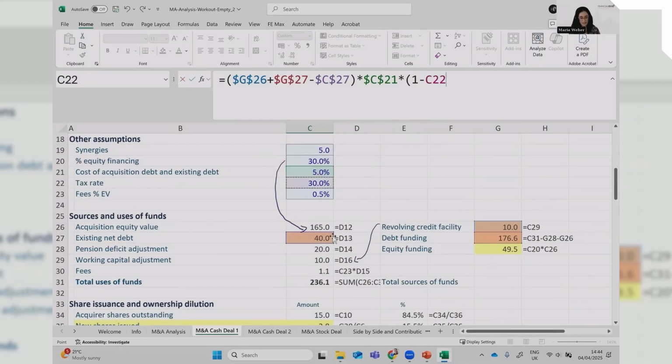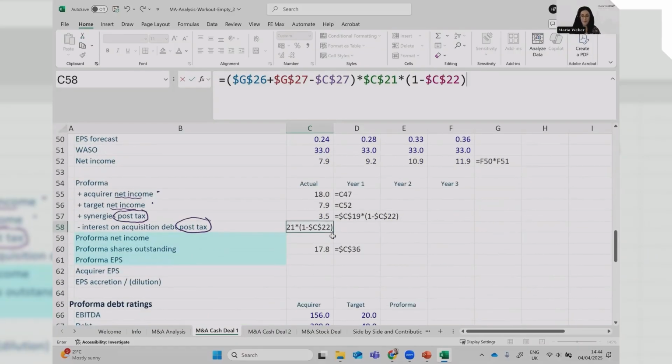So my 30% tax rate, I'm going to F4 lock onto that as well. And that gives me 5.1. Now I've got to do one more thing here because this is interest expense, right? I've got new debt. Yes, I've repaid a little bit of debt, but on balance, I've got more new debt coming on. This is an interest expense, so I need to make this a negative. So I'm just going to multiply that by -1.